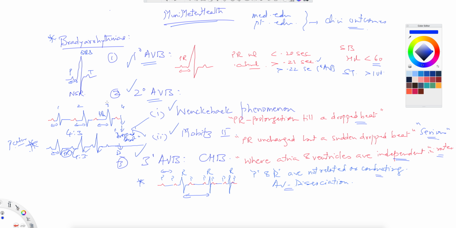Any of these can require a pacemaker if they are symptomatic, but Mobitz II will require a pacemaker even in asymptomatic cases because this is a very, very serious condition. Likewise, a third degree AV block will also require a pacemaker, especially if it is permanent. It's not a temporary rhythm. We'll discuss the treatments in different videos. I have discussed them in other videos, but here we are discussing only the rhythm strips.